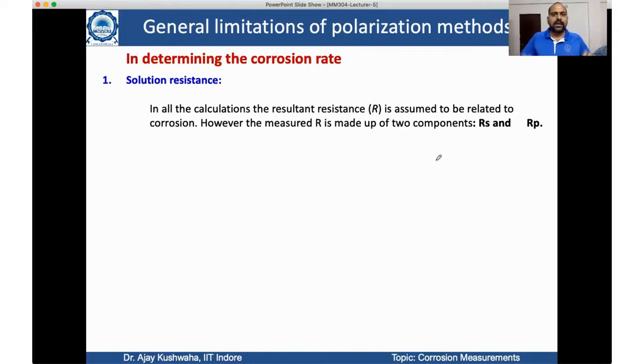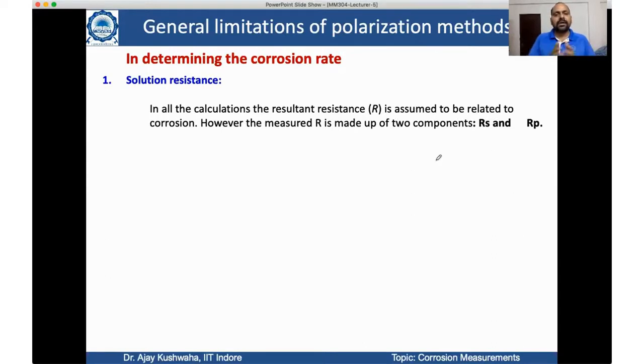So let's say you are connecting the counter electrode with the working electrode, and we are measuring the current, and based on that measured current we are estimating the polarization resistance. But remember, if we have a high resistance of the solution itself, then we are going to get the resistance of the solution as well as the resistance of the polarization.